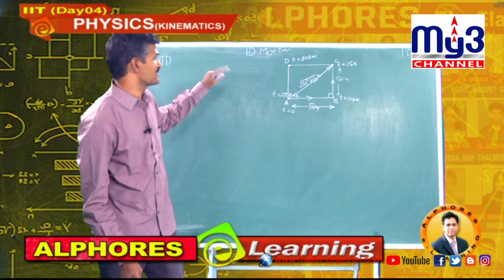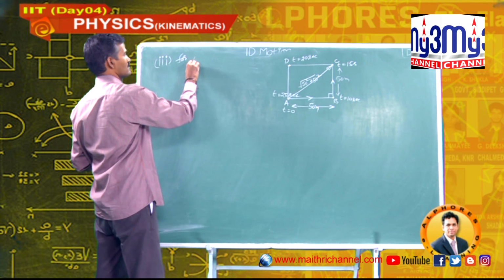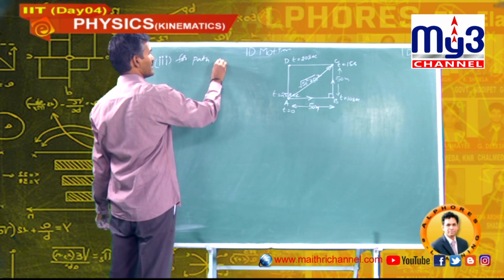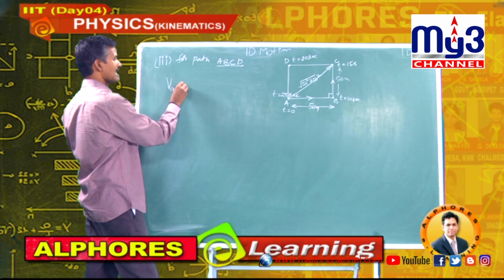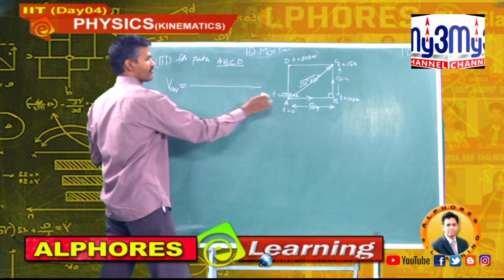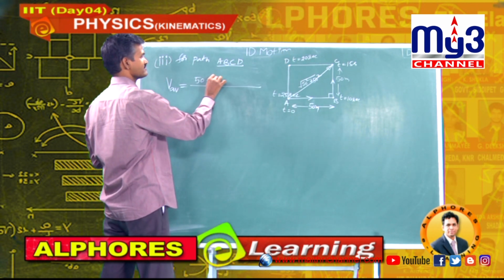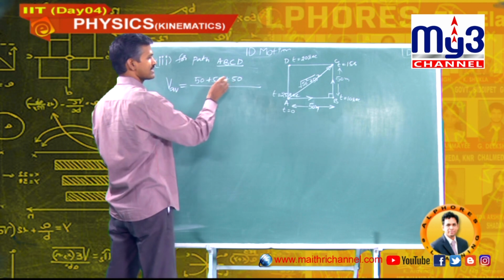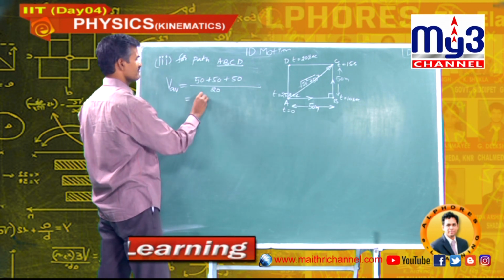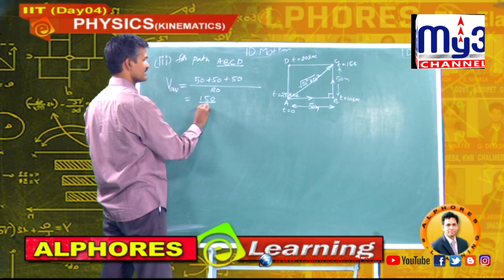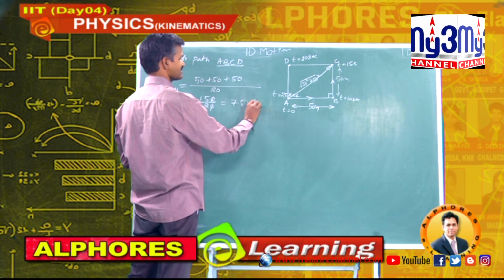What is the average speed for the ABCD path? For path ABCD, average speed is 50 plus 50 plus 50 by time, that is 20 seconds. This is 150 by 20, this 0 gets cancelled, this is 7.5 meter per second.